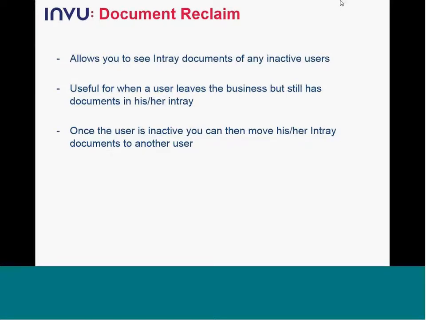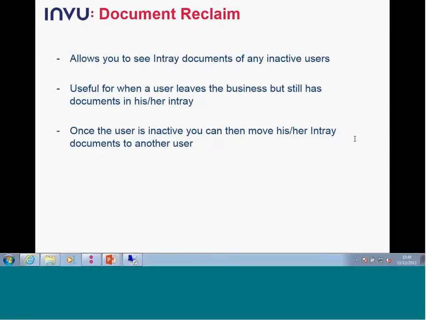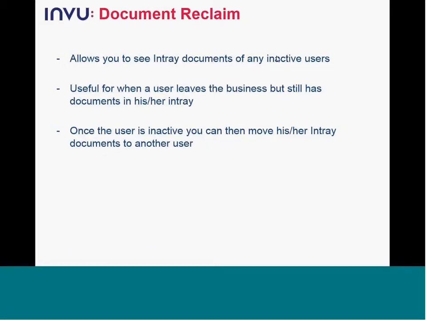Got a question from a noob regarding the client API. I'm assuming you've seen that in the license. The client API is a license which, if you yourself have developed an integration from a third-party application into Invu, and that's done via Invu's API.